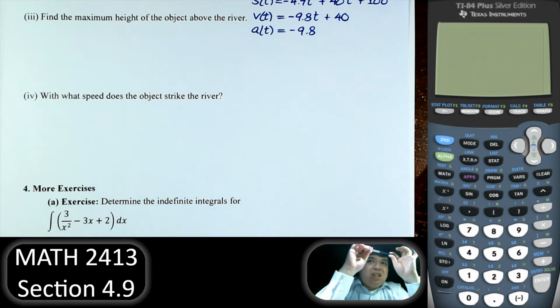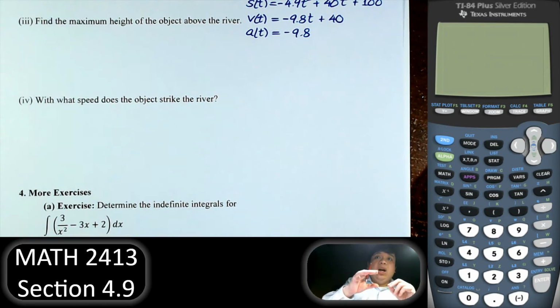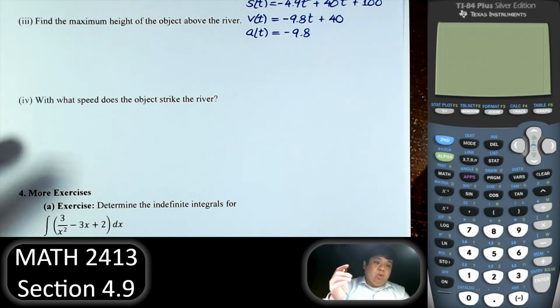If it is stationary at that instant, if it's not moving, meaning the velocity will be 0 at the highest point. So at the highest point, it is neither going up or down, meaning it is stationary at that moment, meaning the velocity is equal to 0.